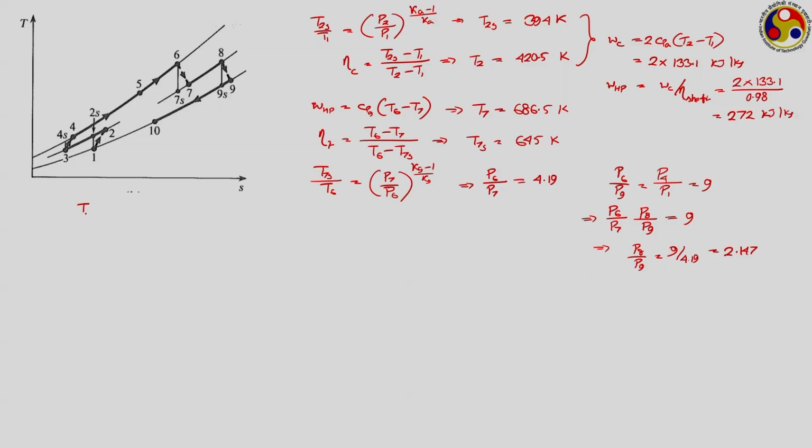So, we can write T8 upon T9s to be equal to P8 upon P9 to the power (K gas minus 1) by K gas.